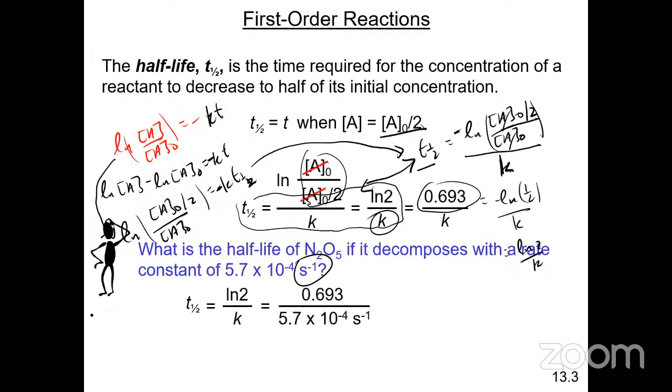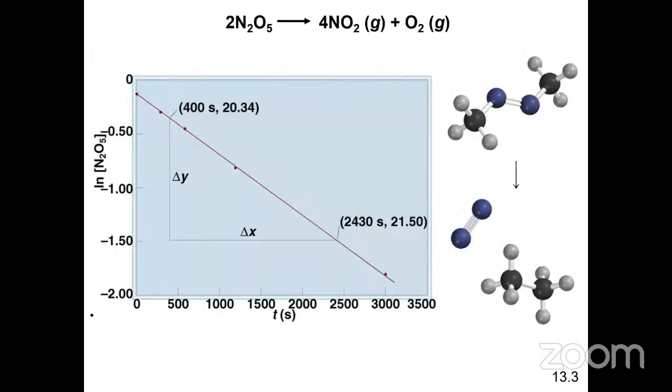This is directly applicable to the decomposition of N2O5, a first order reaction. Somebody did this experiment, got the data, and did the plot, and this is what they ended up with.